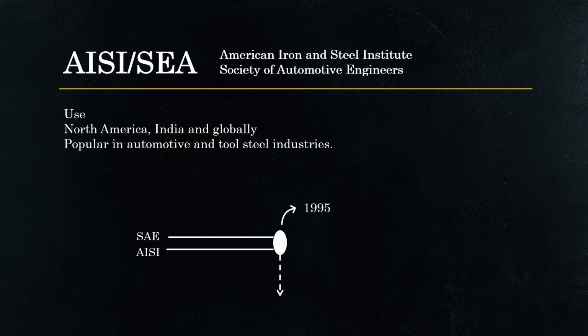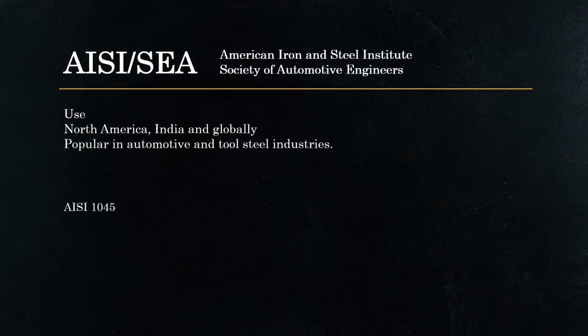After that, AISI officially withdrew from maintaining the steel grades, and the system is now fully merged in the SAE standard. They are popular because their naming is simple, like 1045 for medium carbon steel or D2 for tool steel, and the numbers directly reflect the chemical composition.